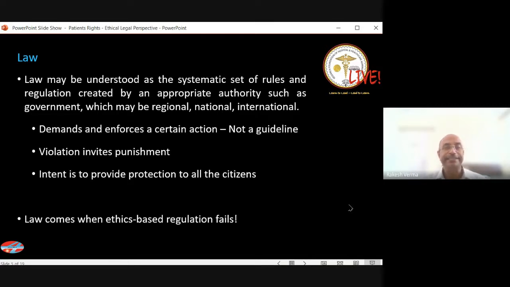So whenever the ethical conduct is found wanting, one can always be assured that the law will come into the picture and will demand compliance with a certain way of conduct. So, for example, there are examples which will come up later in the presentation, but let me state one here.